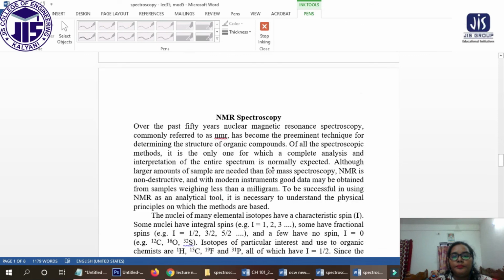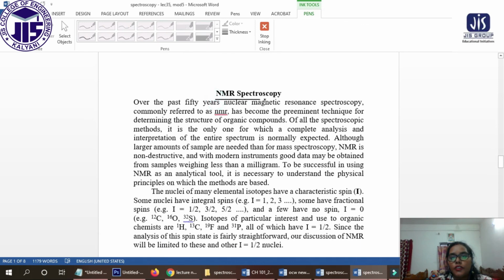Now, NMR spectroscopy. Over the past 50 years, nuclear magnetic resonance, commonly referred to as NMR, has become the preeminent technique for determining the structure of organic compounds.